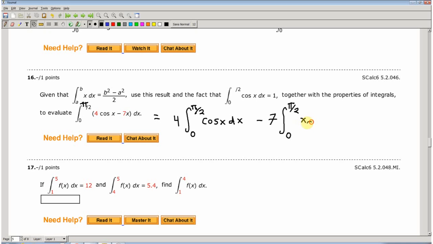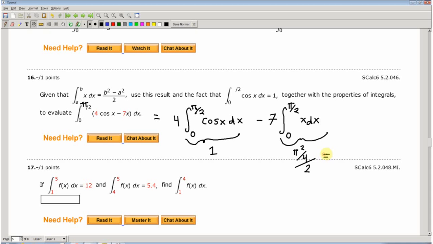Okay, so great. Now the point is that you have this formula, and it's telling you that this part is just 1, right? It's telling you that this number is just 1. And what else do you know? You know that for this part, you can use this rule here, and that gives you pi squared over 4 minus a squared, which is 0, divided by 2.